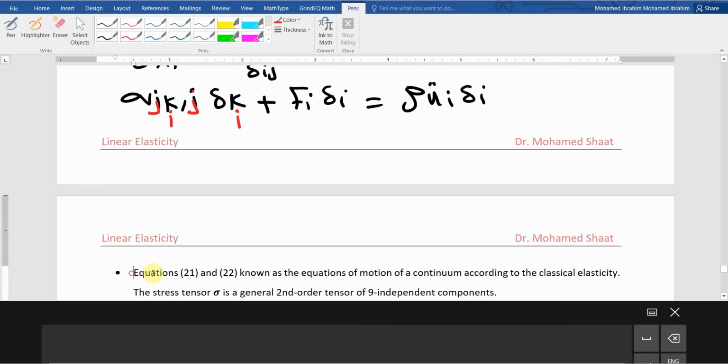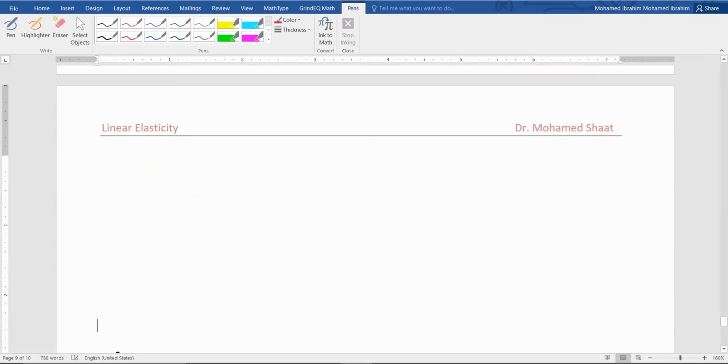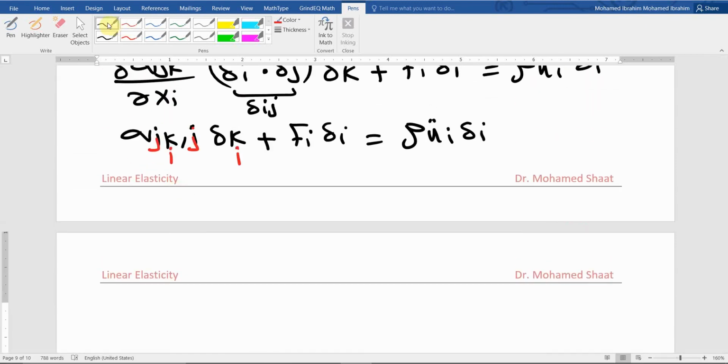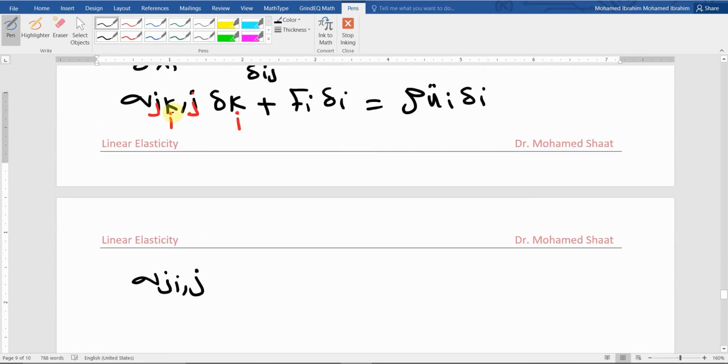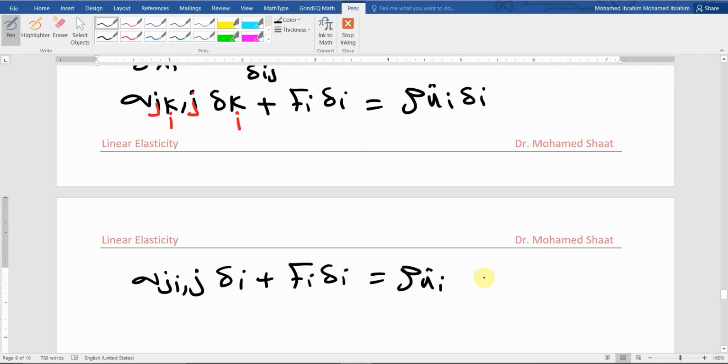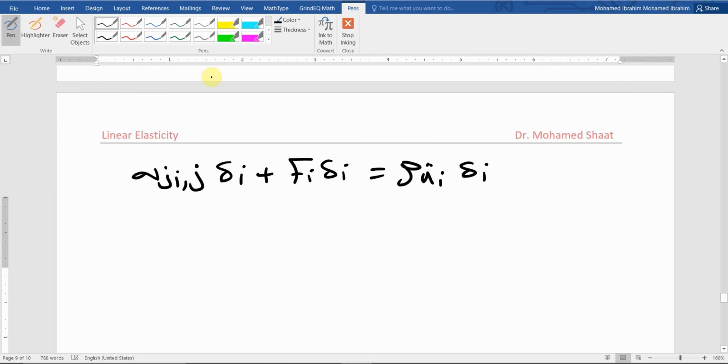I can write this equation as sigma ji comma j. I just replaced k with i and i with j, because I didn't use any j's here. Delta i plus fi delta i equals rho ui double dot delta i. So I do have consistent vectors for the i.